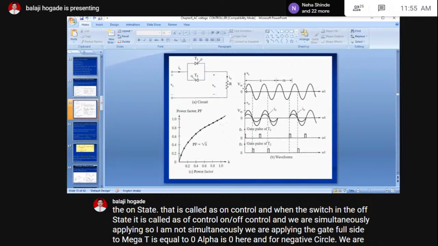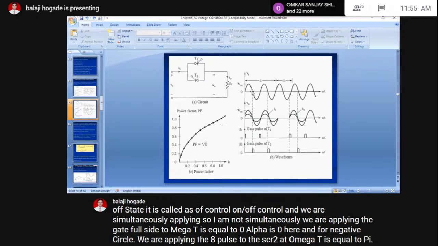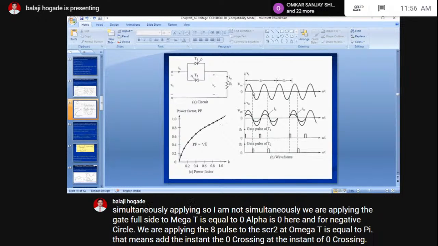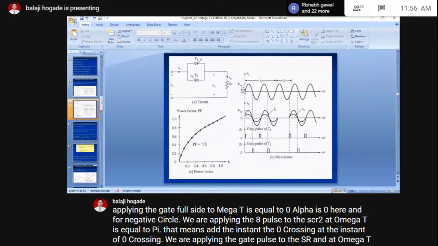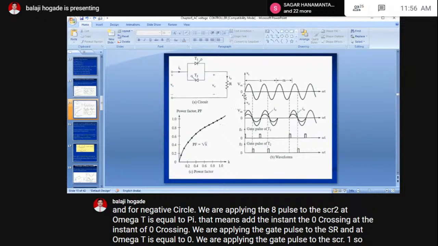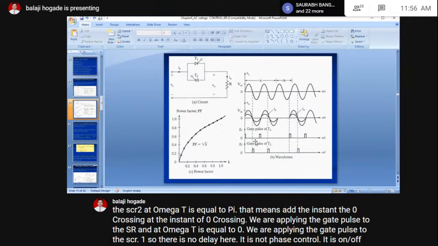That means at the instant of zero crossing, we are applying the gate pulse to the SCR, and at omega t is equal to 0, we are applying the gate pulse to the SCR1. So there is no delay here. It is not phase control. It is on-off control. You can see the gate pulses G1 and G2.